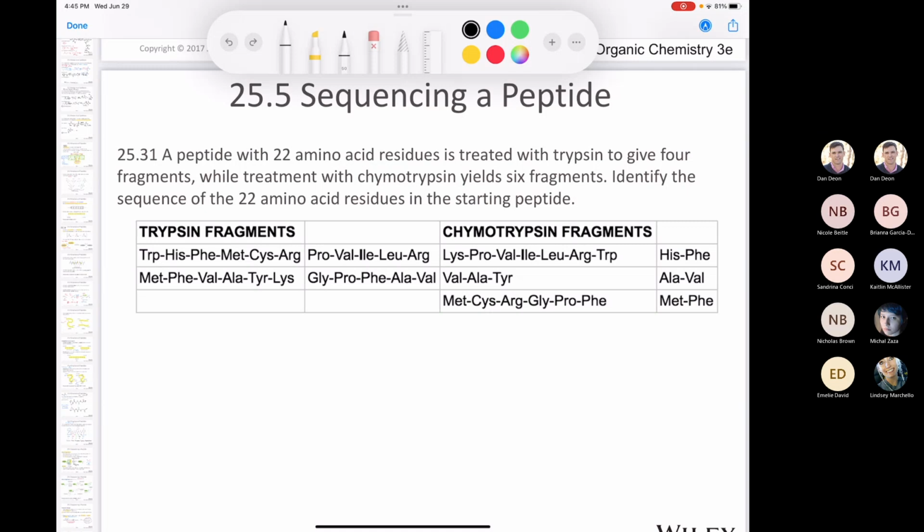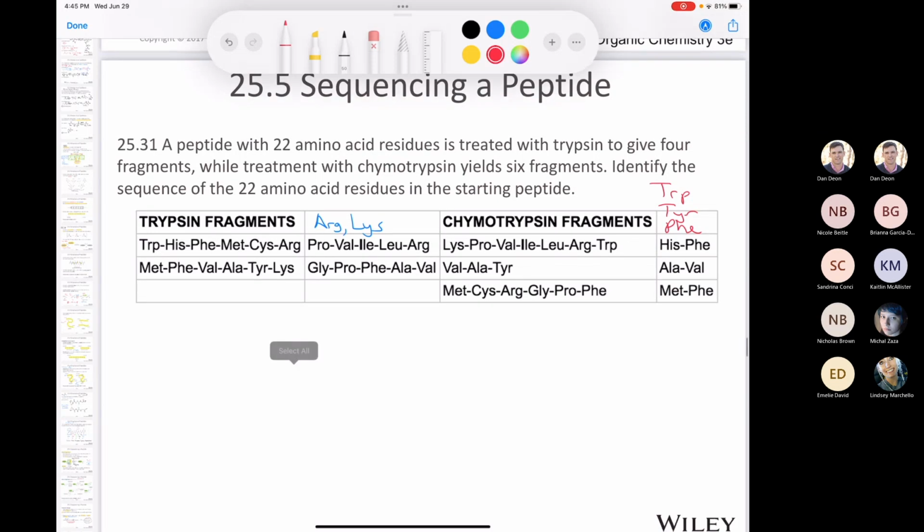Well, remember that trypsin does arginine and lysine, whereas chymotrypsin cleaves on the C terminus side of tryptophan, tyrosine, and phenylalanine.